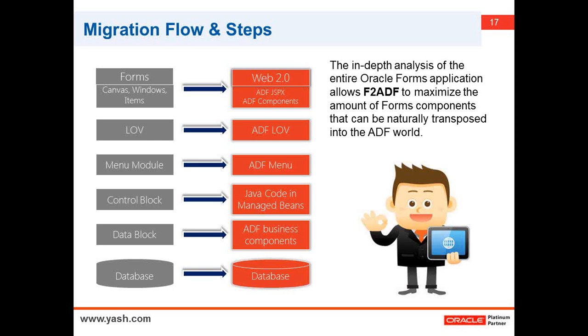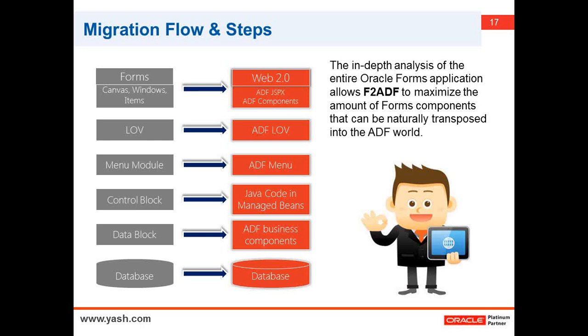The menu model that is extensively used in Oracle Forms, in ADF we have the capability of creating a custom menu. So the menu can be customized as per the requirement or the current implementation scheme that the customer needs to have. The control block maps to the managed bean, and the data block is your actual business component in ADF.